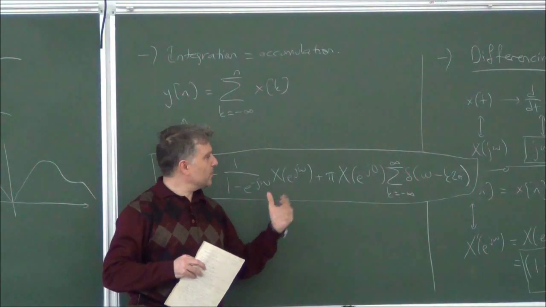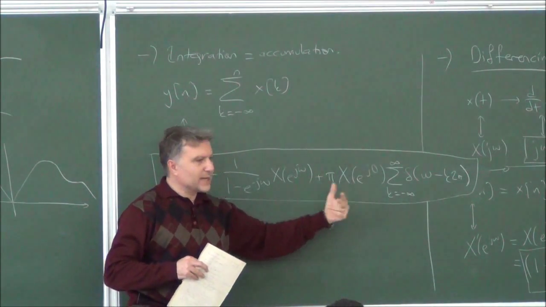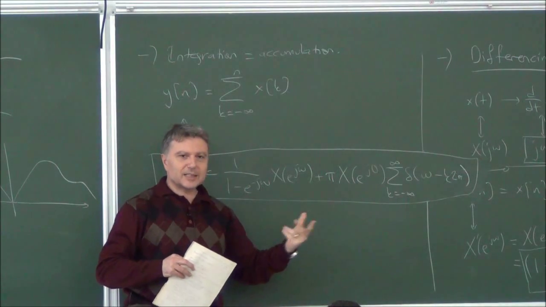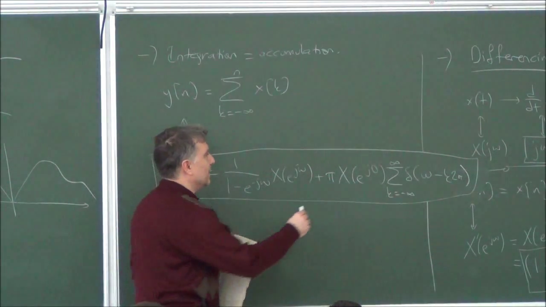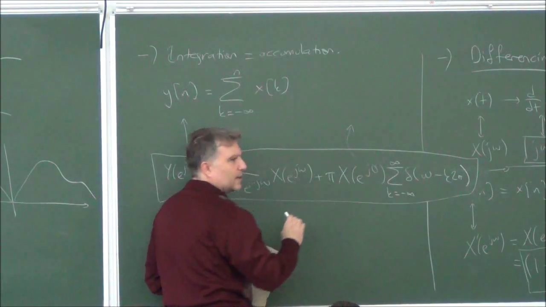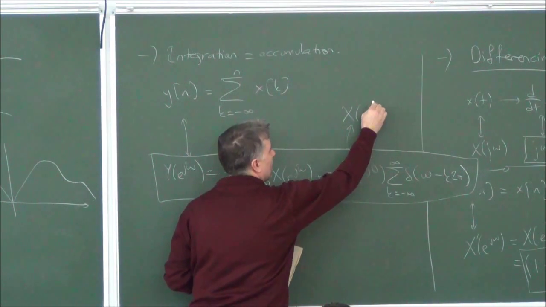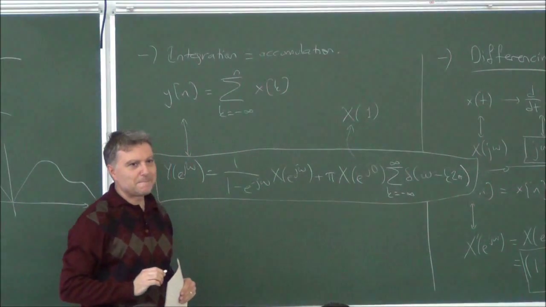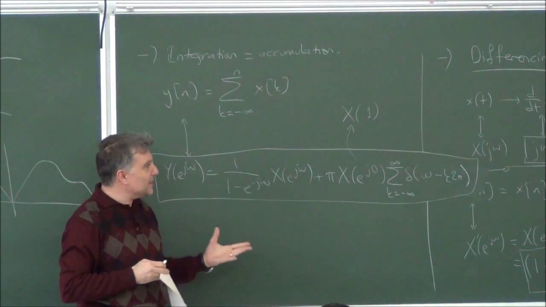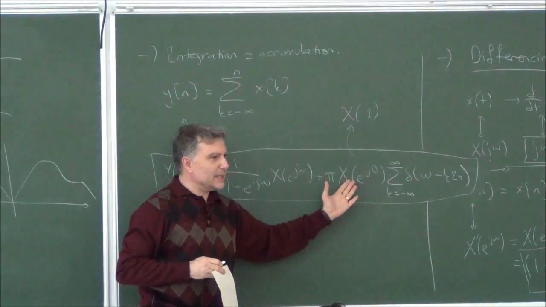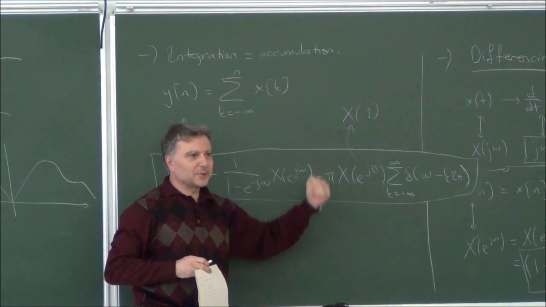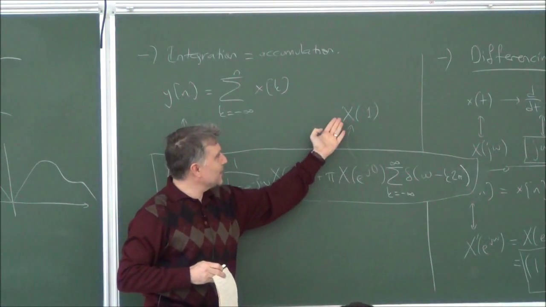It's x of e to the j omega at omega is equal to 0, in other words. But in some of the books you may find it very interestingly in another form like this. Because that's what it is. E to the j 0 is e to the 0, and something to the 0 is 1. So it is capital X of 1.